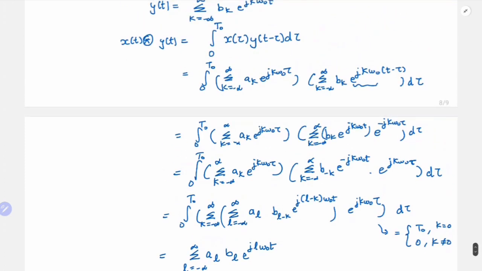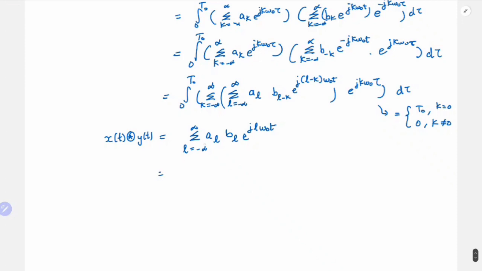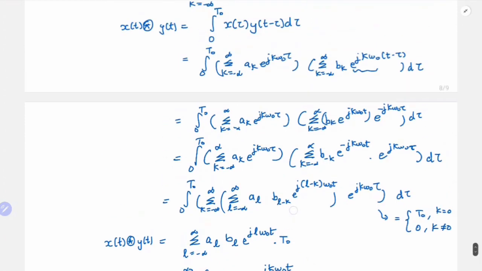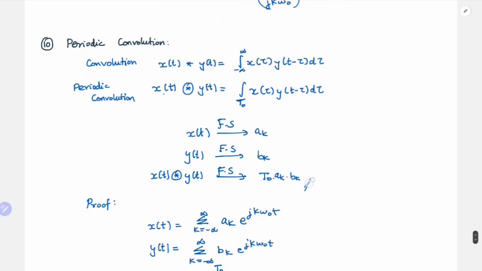So this is nothing but the periodic convolution. Now if you just replace L with K, and I forgot the factor t naught here, so t naught AK BK e power jk omega naught t. So you can see actually that these are the Fourier series coefficients. So that is what we already got.